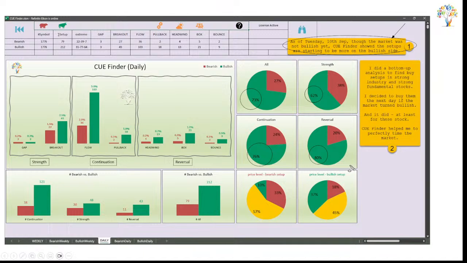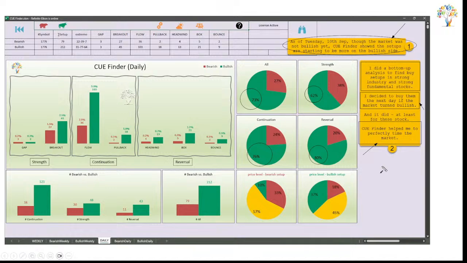When I saw this on Tuesday itself, I did a bottom-up analysis to find buy setups in strong industry and strong fundamental stocks. I decided to buy them the next day if the market turned bullish, and it indeed did, but I was already ready with some stocks. Q Finder, a breadth analysis in Q, helped me to perfectly time the market.